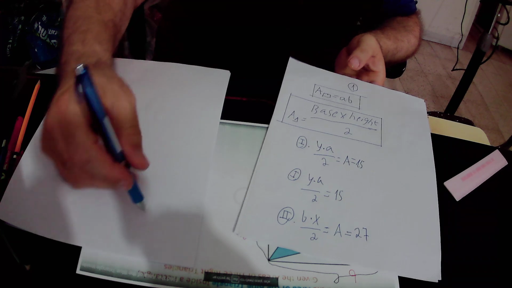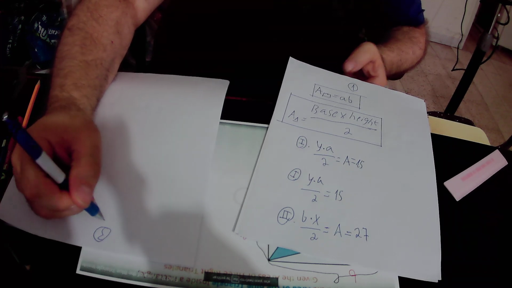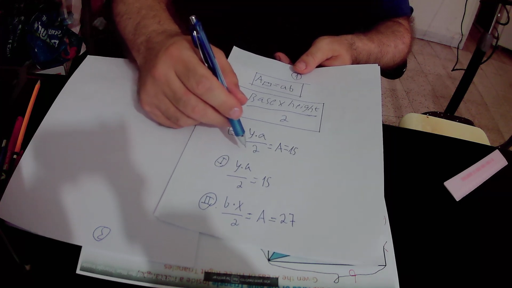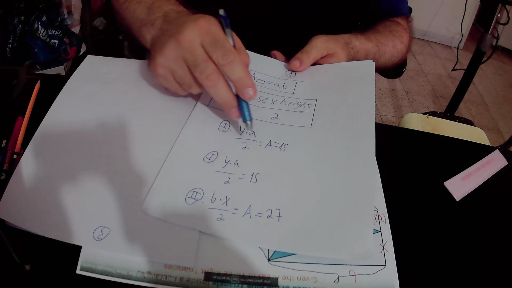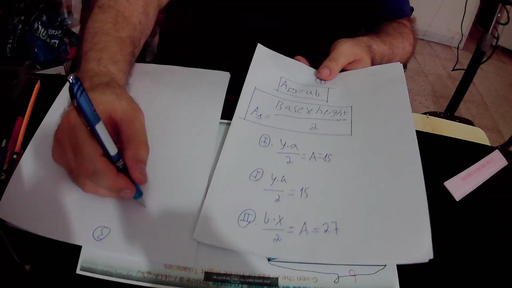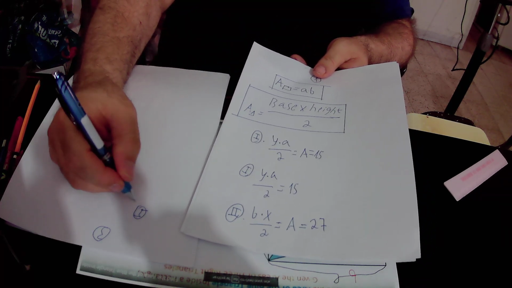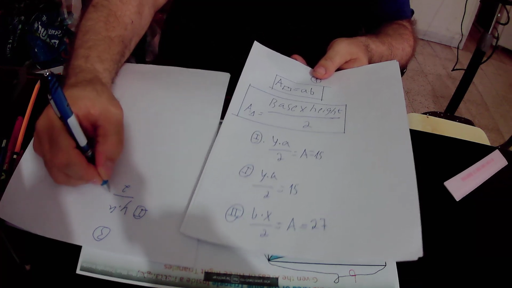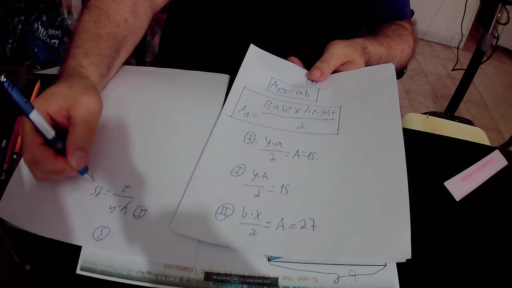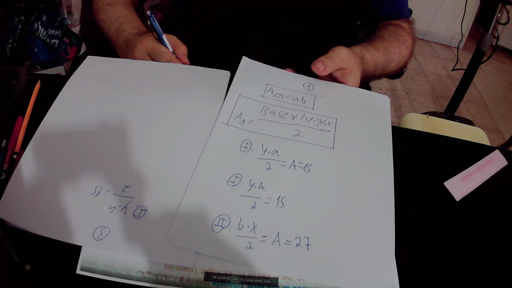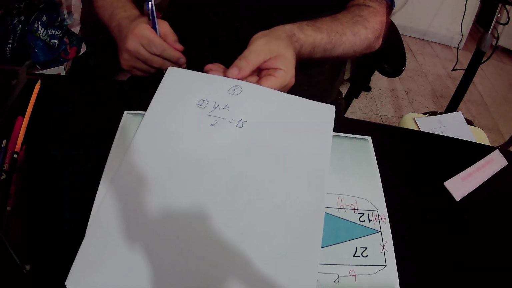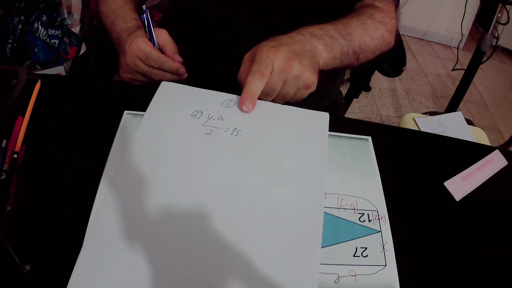The first equation for y is y times a divided by 2 equals 15. So we can multiply both sides of the equation by 2.